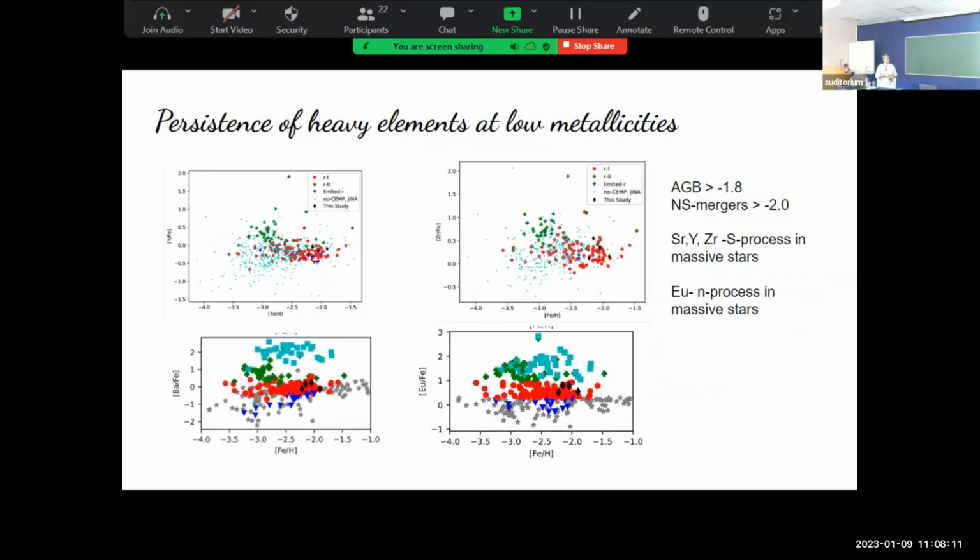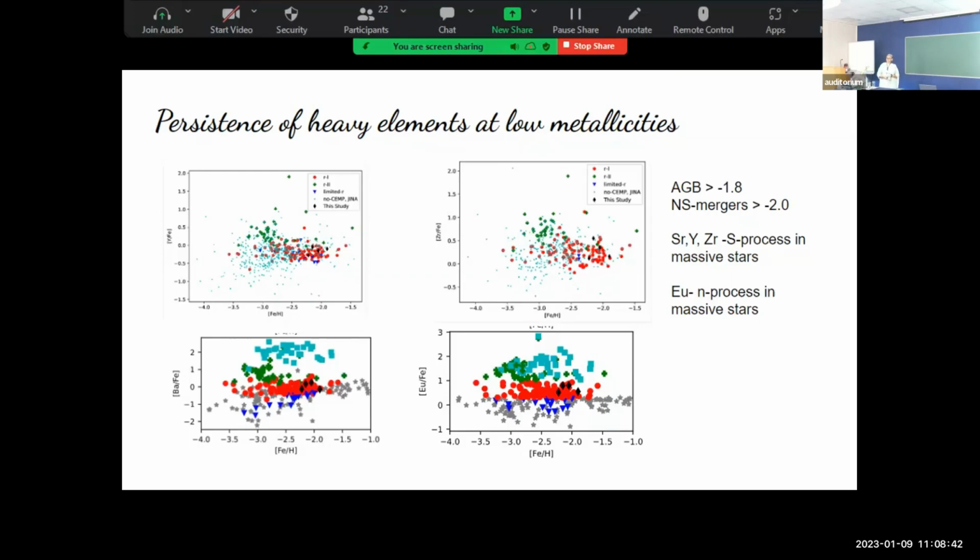Another interesting aspect of stellar archaeology is the production of very heavy elements in very low mass stars. We know that the heavy elements are produced by slow neutron capture or rapid neutron capture. The slow neutron capture process comes from the low mass AGB stars, that is 1 to 3 solar masses. For rapid neutron capture elements, we still don't know the sites, but we think neutron star mergers are the possible sites.